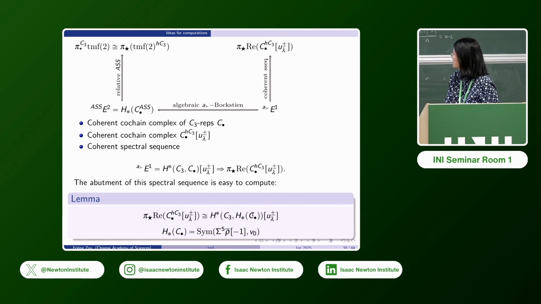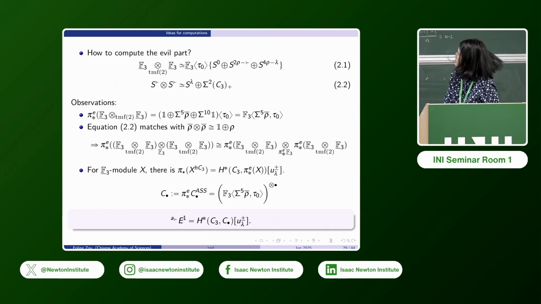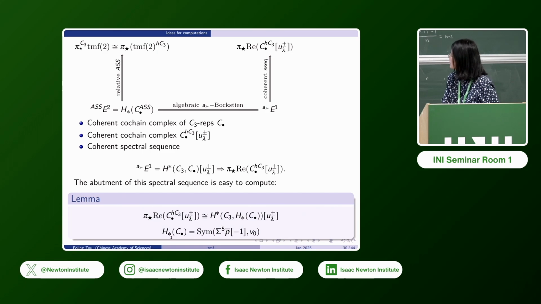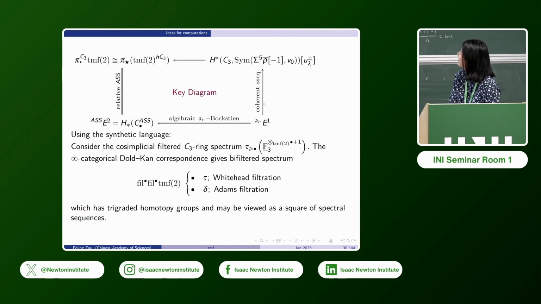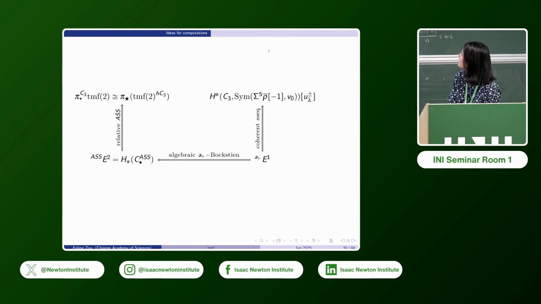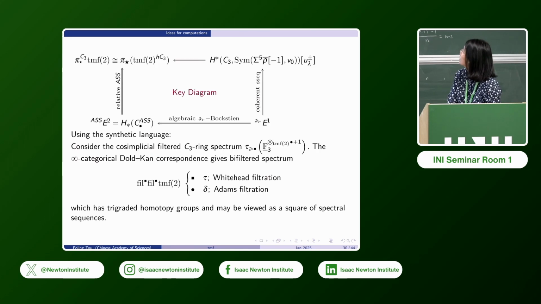And this coherent cochain complex, it was a symmetric, so it's the free tensor algebra on these representations, and its homology is a symmetric algebra on these representations. So we can plug in the answer into this spot. Okay, and now this can be filled in as a diagram.